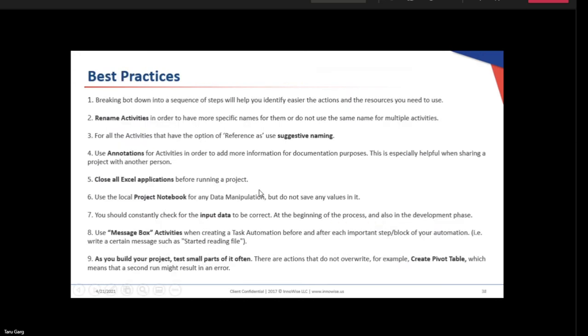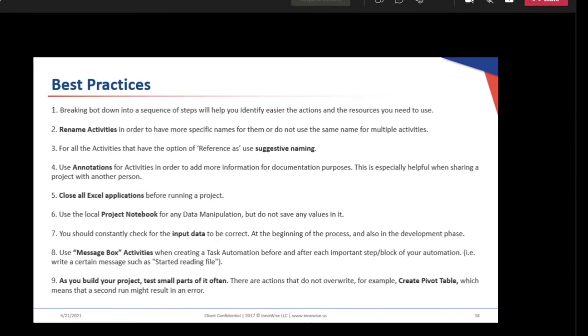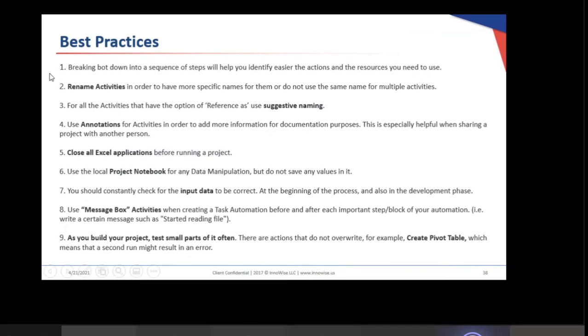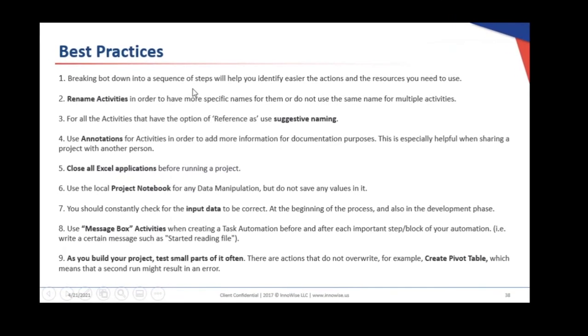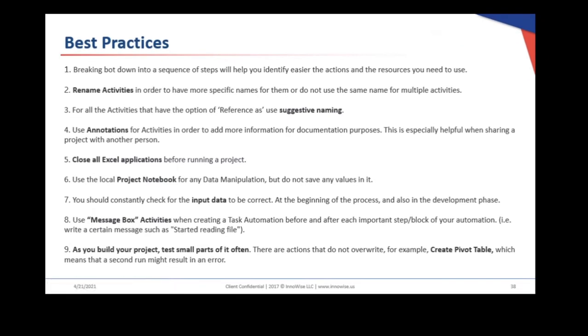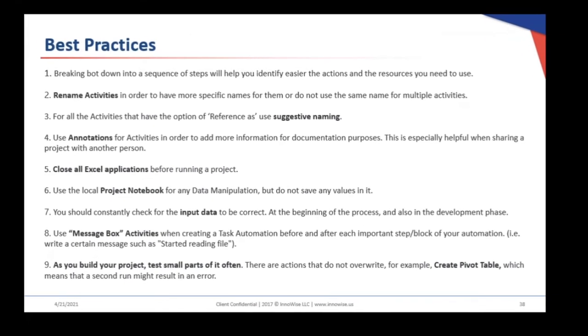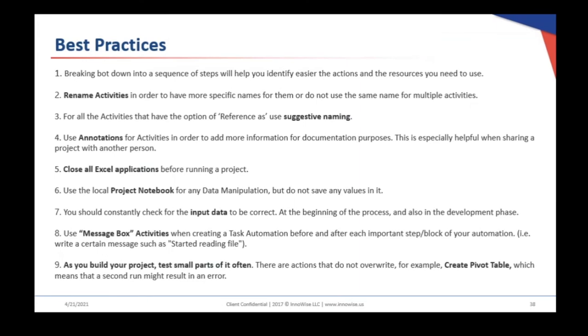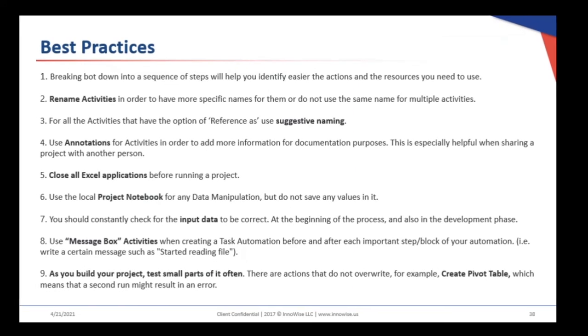Okay, now comes some of the best practices. Whenever we have a lot of steps, like when I gave you the task to automate changes into three different Excel sheets, I asked you to create one group for each sheet. This shows breaking the bot down into a sequence of steps so that we can easily see which group has which type of steps.